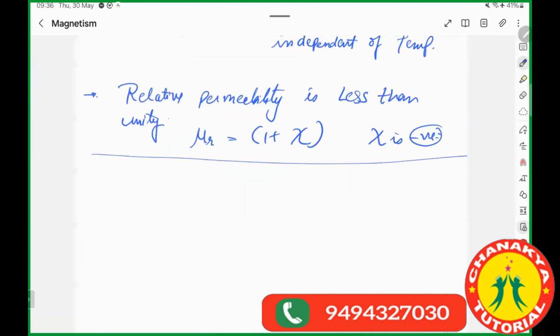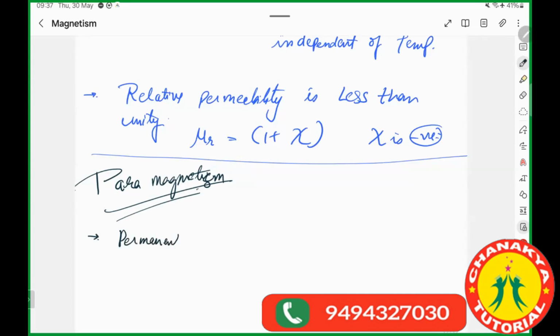Then let's go for para. Now, paramagnetic substances have permanent magnetic moment. I'll write it point-wise. Okay, they have permanent magnetic moment.